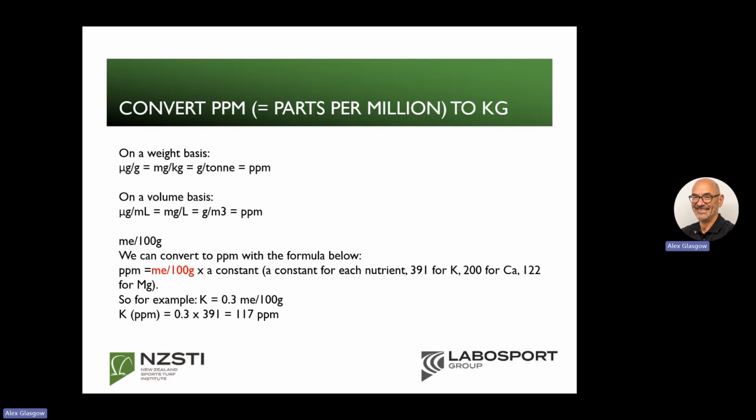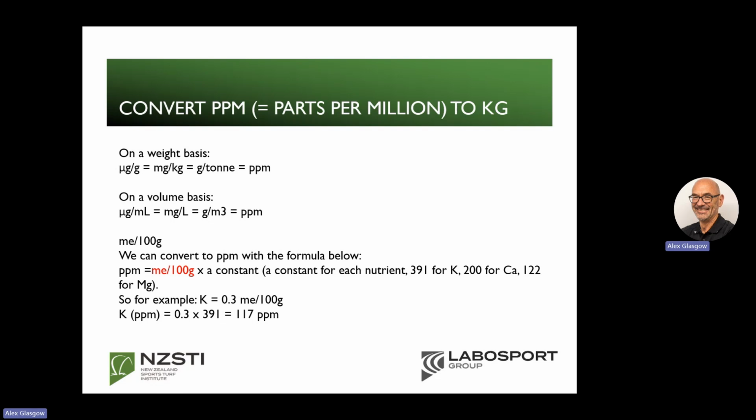But in most cases, they are actually just a different way of writing essentially parts per million. So you can see there on that weight basis or volume basis, a lot of those nutrients in those forms are actually already in ppm, parts per million. The exception to this is this milliequivalents per 100 grams result form. We can convert this to parts per million with the formula below.